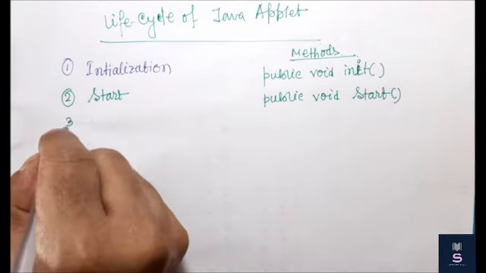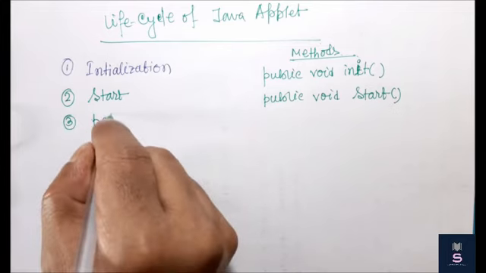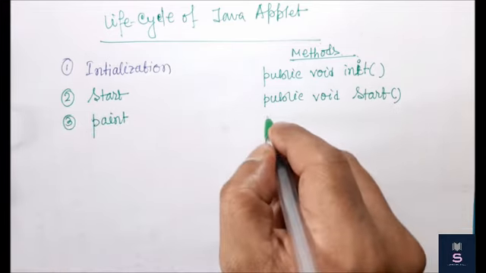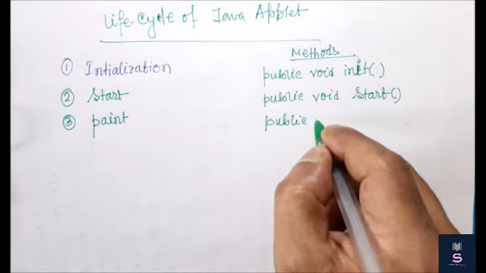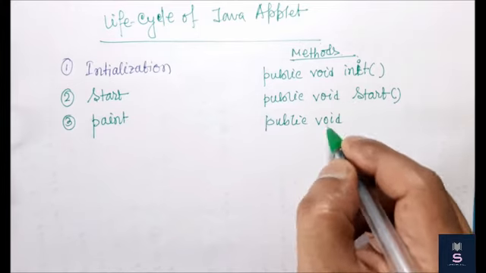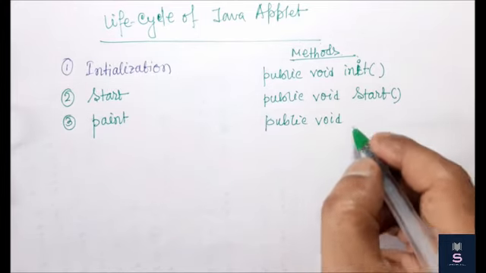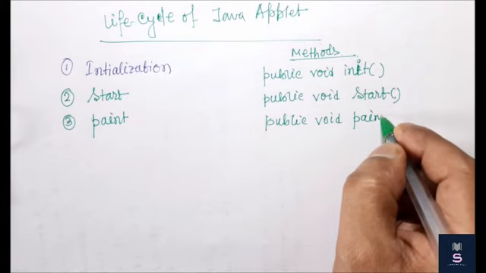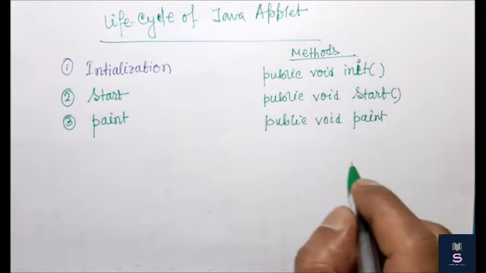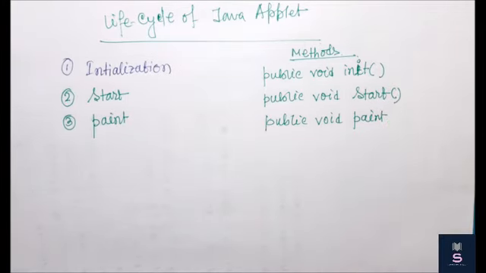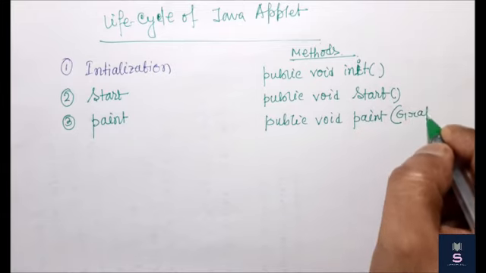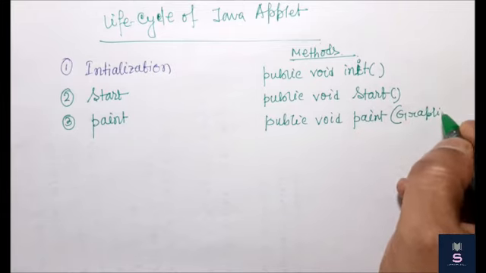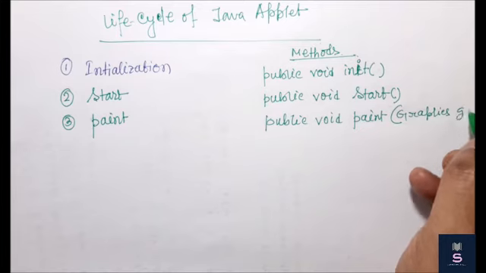And the third method is paint, and the method name is public void paint. In the paint method, we have to pass an argument that is called the Graphics class, Graphics g.